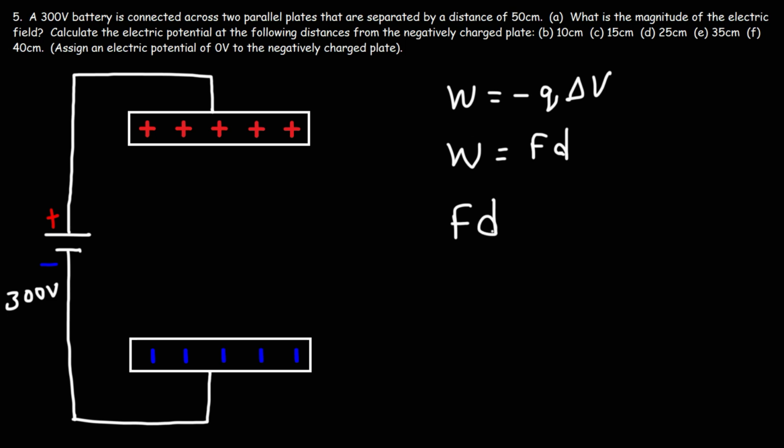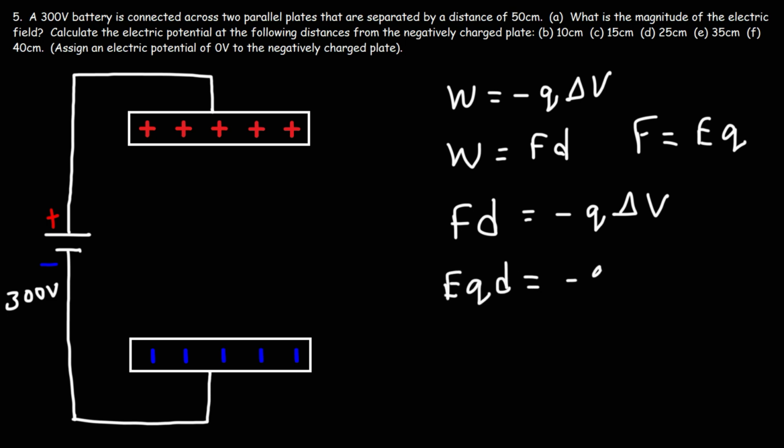So the force times the displacement is equal to the charge times the voltage. Now the electric force that's acting on a charged particle in an electric field is going to be the electric field times that charge. So let's replace F with E times Q. So we have E times Q times D is equal to -Q delta V. Dividing both sides by Q, we can cancel that term.